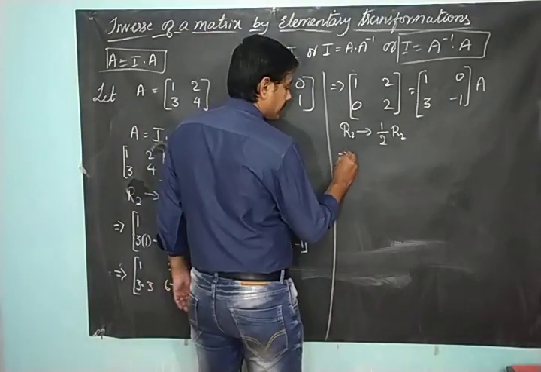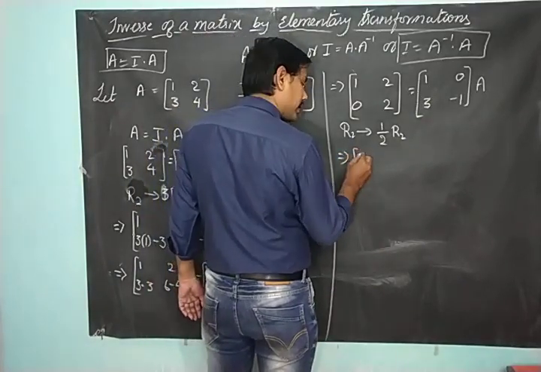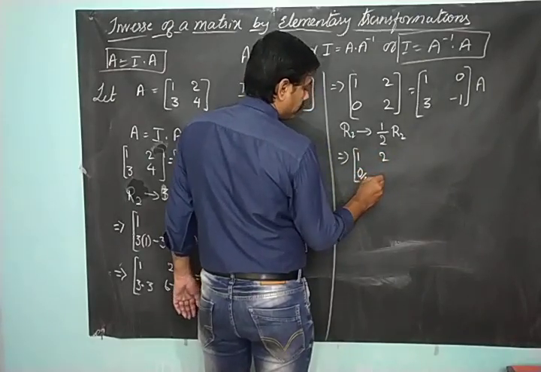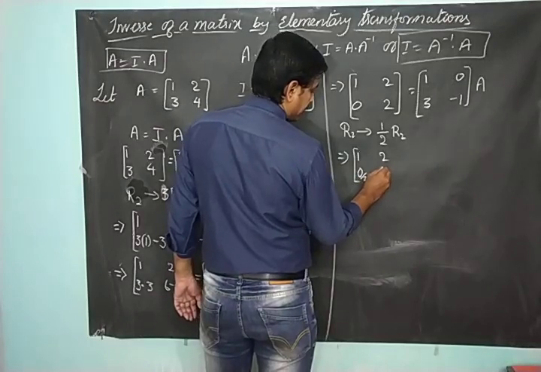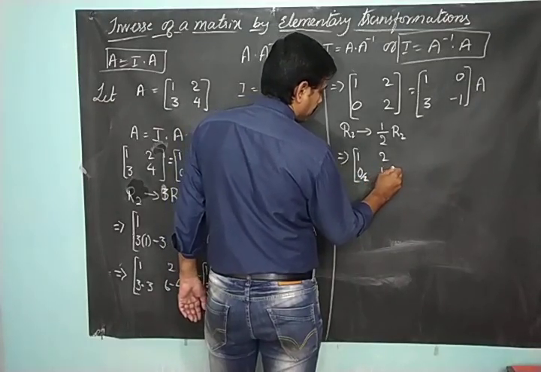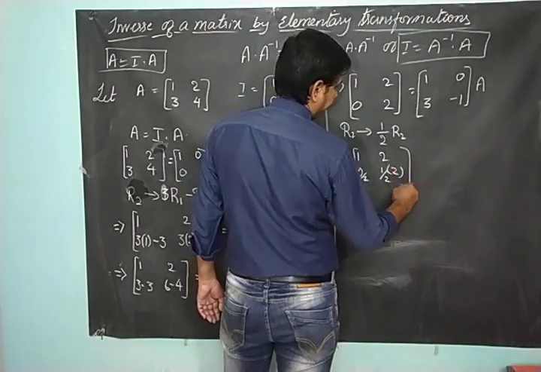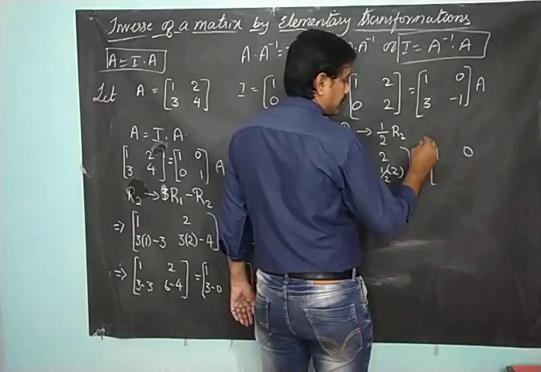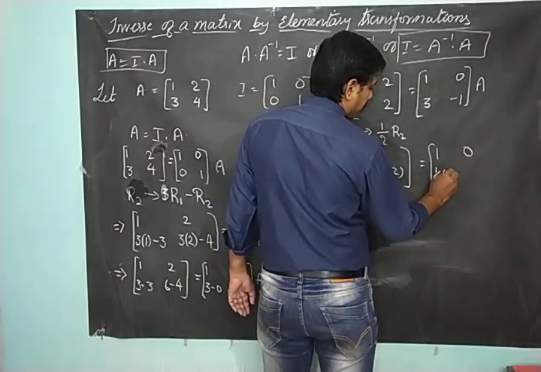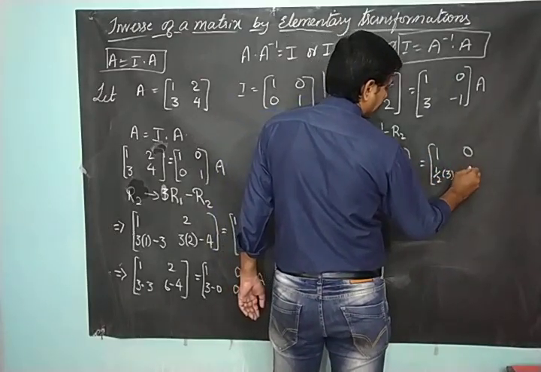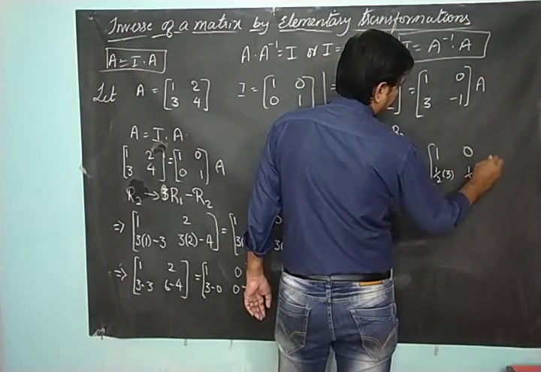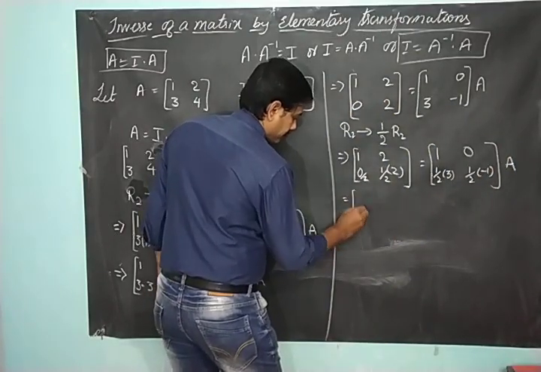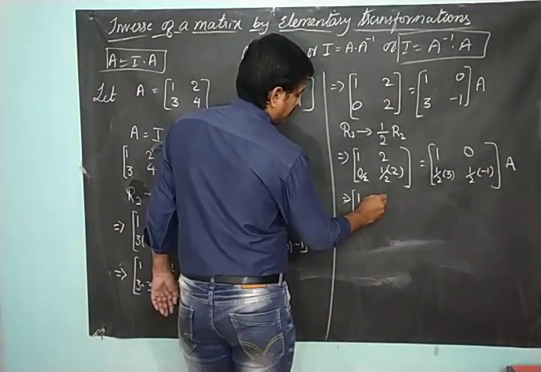So what happens? Once again, the first row remains unchanged. 0 by 2, and this is 1 by 2 into 2. 1, 0. 3 will be 1 upon 2 into 3, and this is 1 upon 2 into minus 1, and A as it is. 1, 2 as it is.